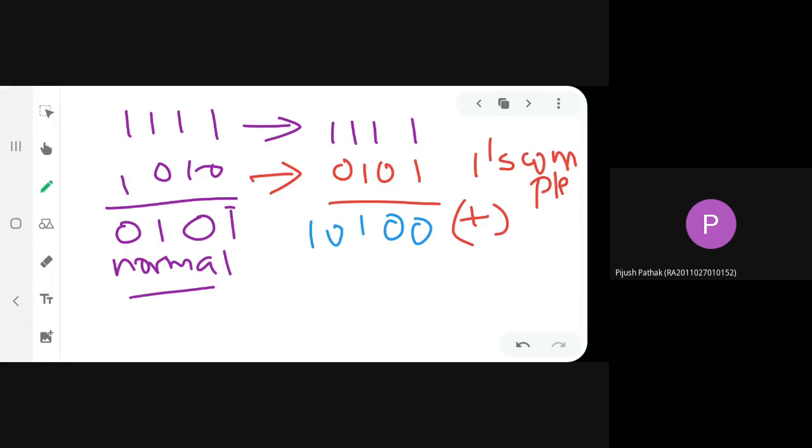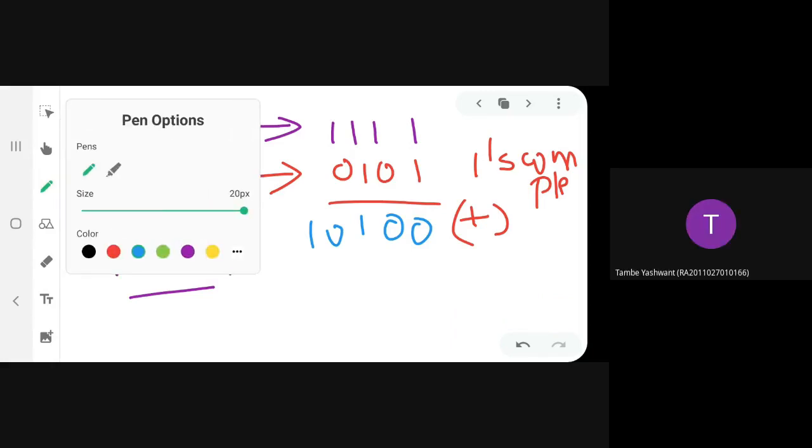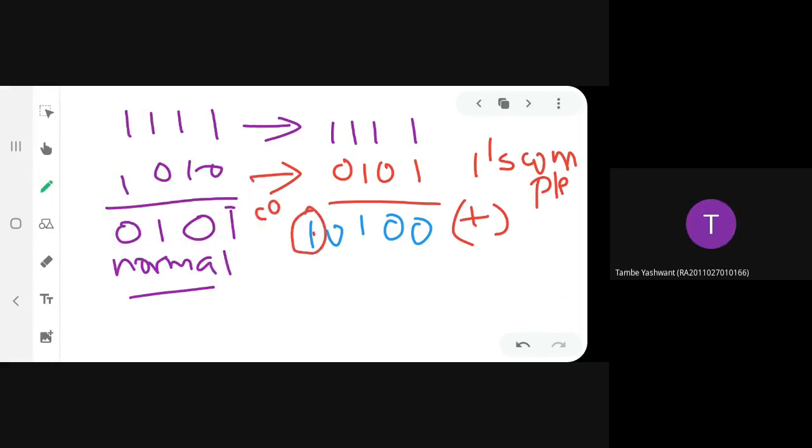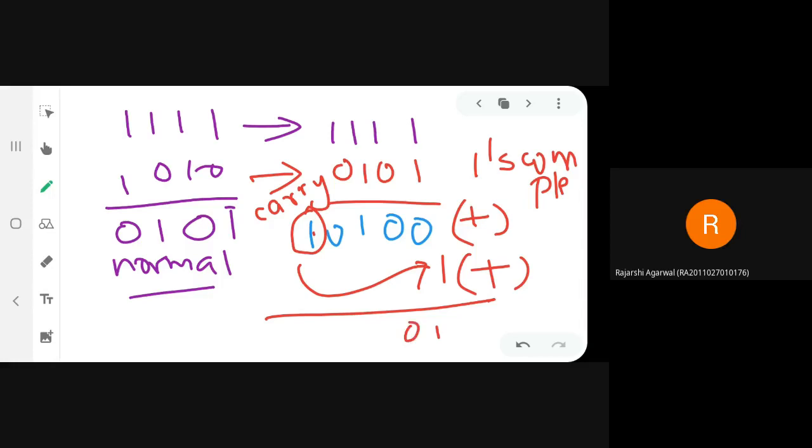Now this is the answer that I have got, for which the carry is 1. That carry I will be adding here. Again addition. So what will be the answer now? 0101, 0, 1, 0. So this is my answer.